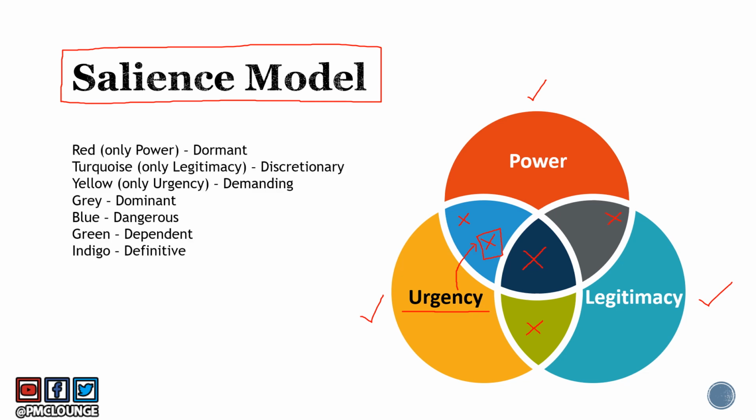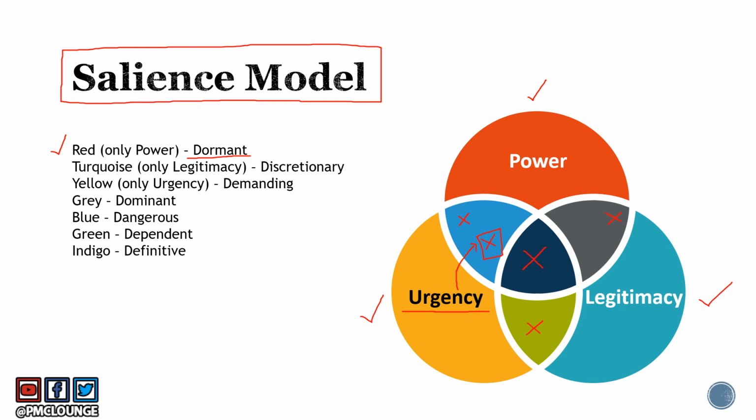So in fact, these colors actually represent different types of stakeholders. The red color, someone with only power, is a dormant stakeholder. So you can look around in your stakeholder register and see which of these stakeholders are dormant.